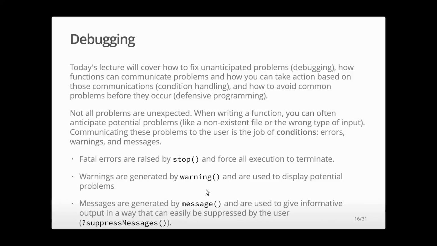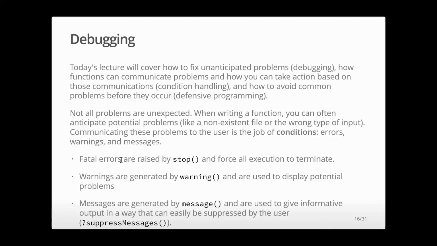For example, if you prompt the user for input, you can anticipate the user trying to do something that he or she is not supposed to do. In those cases you can try to create warnings and messages or things like that.